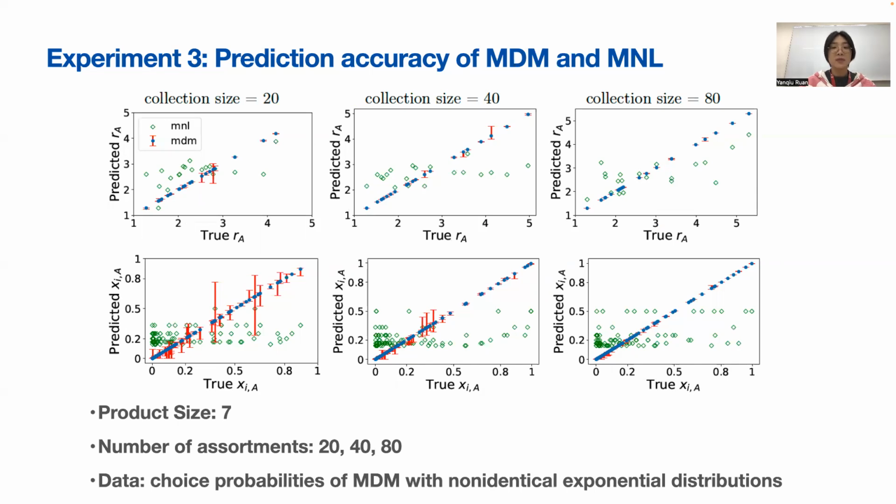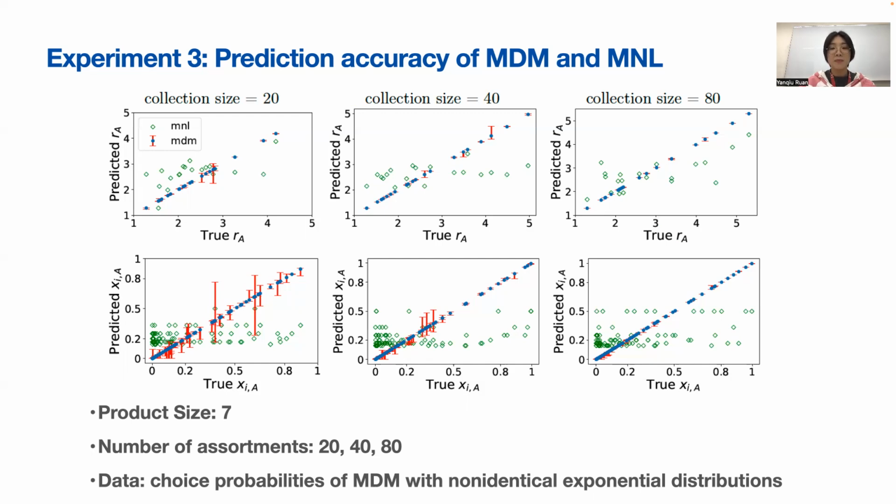We then compare the prediction accuracy of two methods. First, for non-parametric MDM, we compute the worst-case and best-case revenue and choice probabilities for the tested assortment in each instance. And second, we consider an MDM with the marginals restricted to be identical exponential distributions, that is, MML.